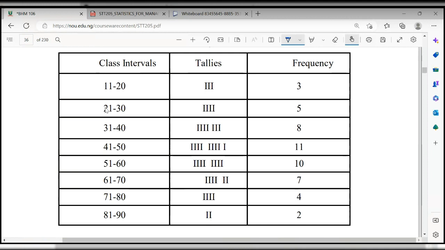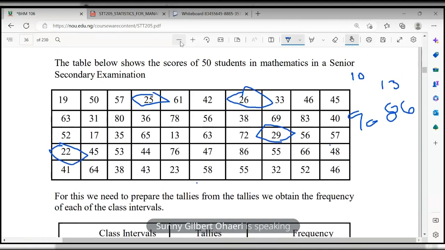And this one now, the tally and frequency, 11 to 20, how did they get the 3? They got it from this table. 19 is between 11 and 20, that is 1. 17 is also part of them, 2. And then 13, 3. That's how they got it.